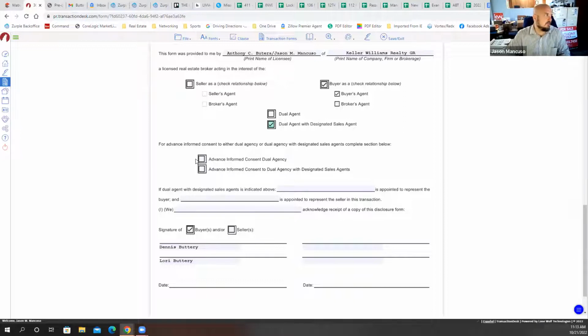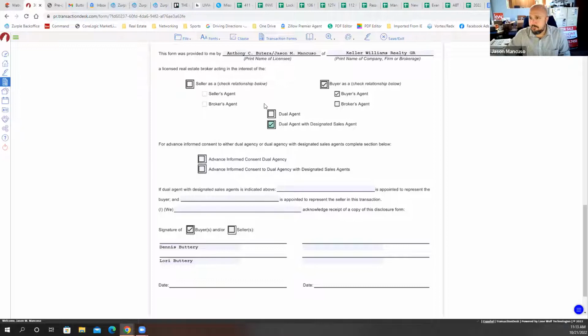What that means is, like, when you first met the buyer, you were telling them, hey, I just met you. I'm not representing you yet. You're essentially interested in this home that we're listing. Then you would be informing them in advance. Otherwise, if you have any relationship with the buyer you're working with, and it happens to be one of our listings or a listing within KW, it's not in advanced informed consent.